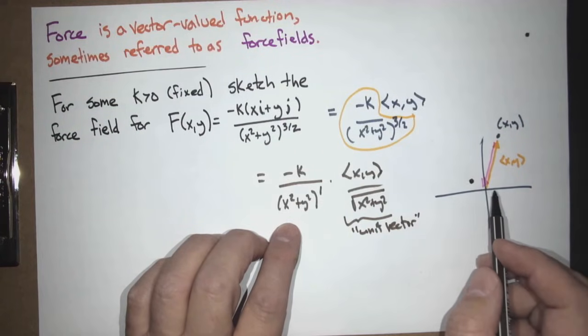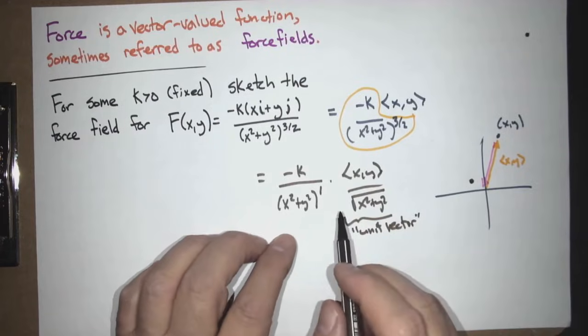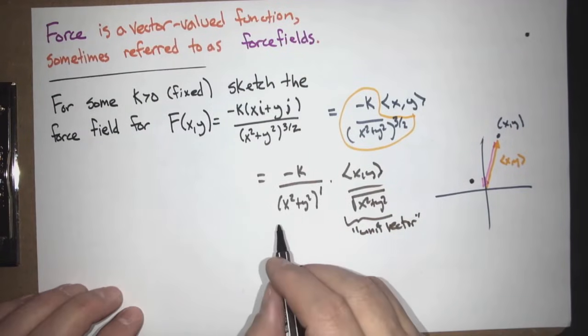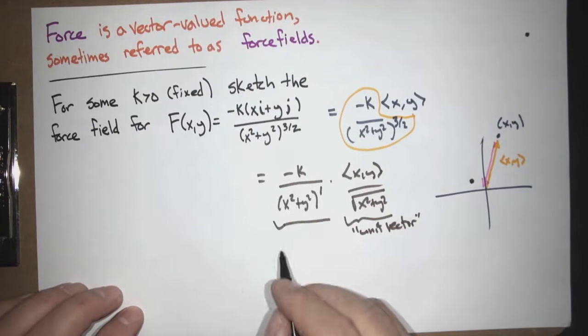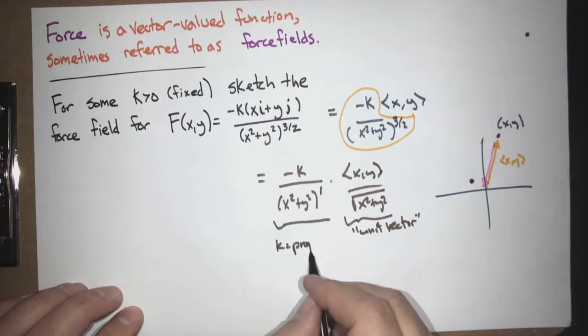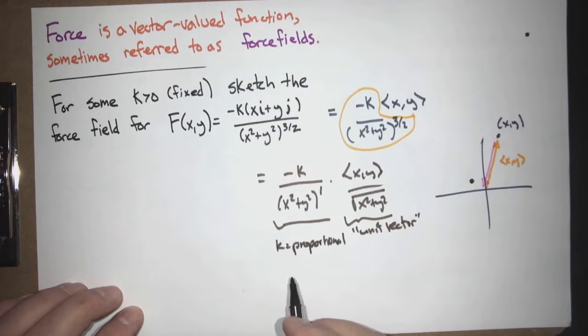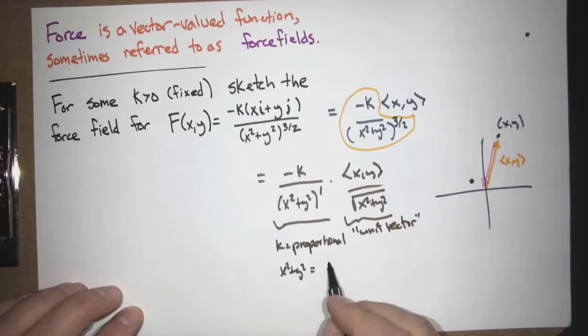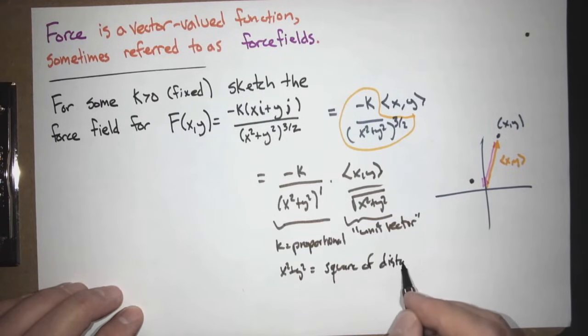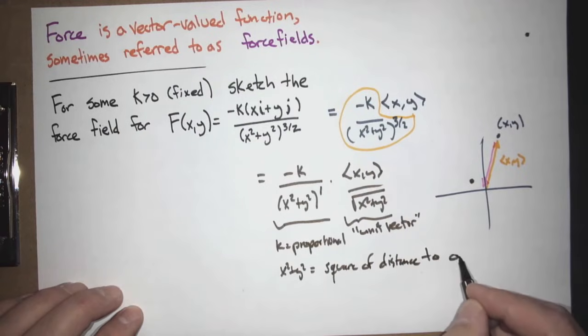Long or short? You're longer, right? So in fact, what we can say is this is k means proportional. And now, if you think about x squared plus y squared, that actually has a fun name. This is the square of the distance to the origin.